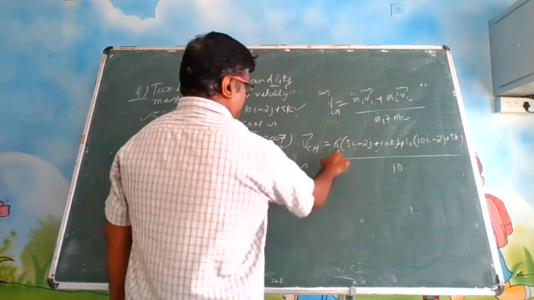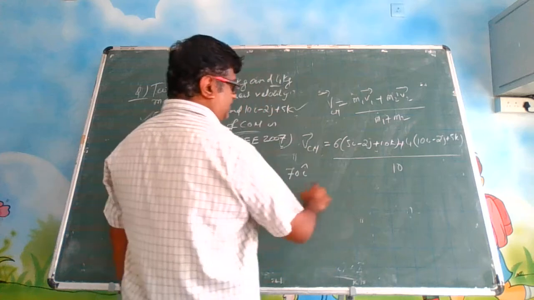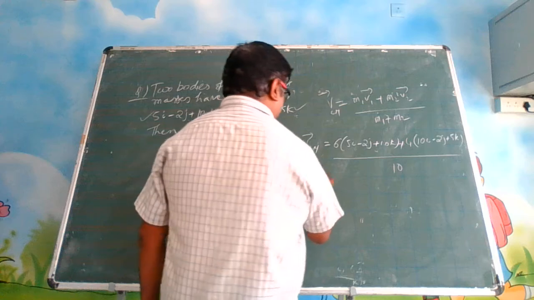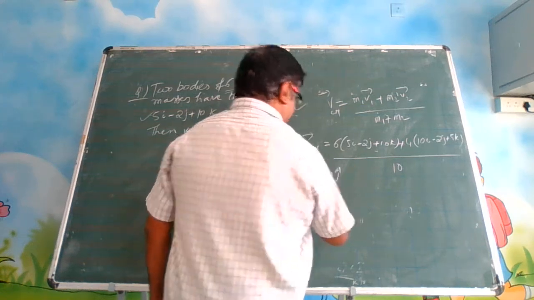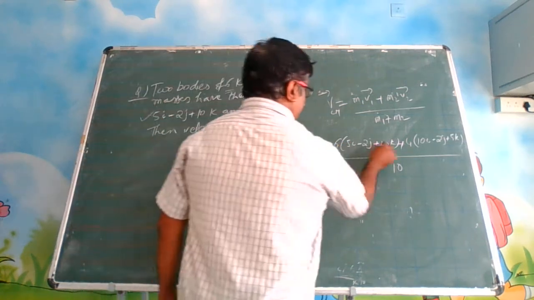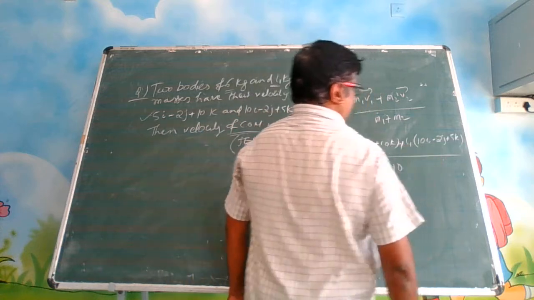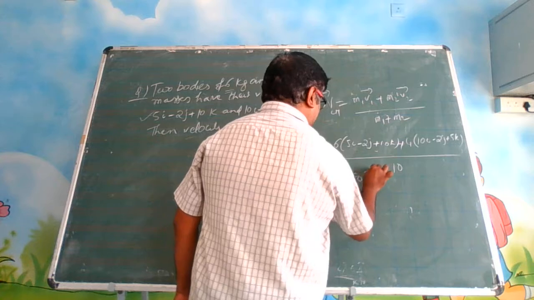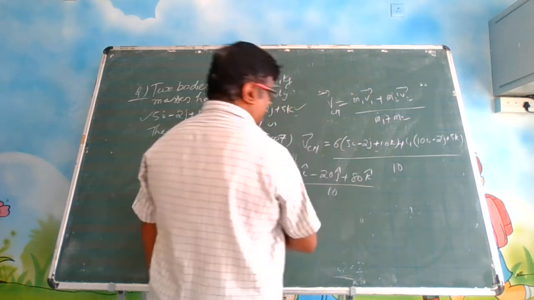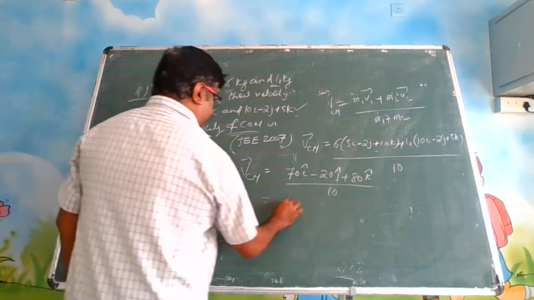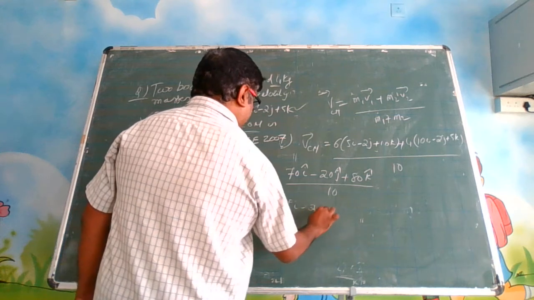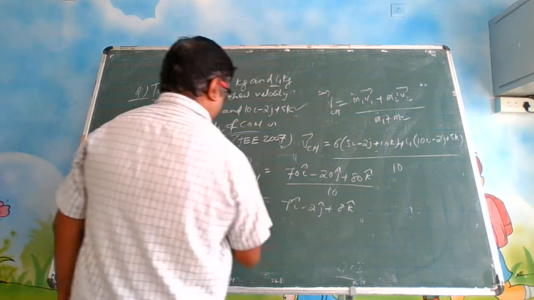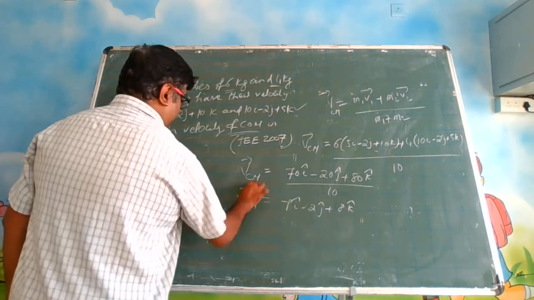I cap. 6 into minus 2, minus 12, 4 into minus 2, minus 8, minus 12, minus 8, minus 20. j cap. 6 into 10, 60, 4 into 5, 20, 60 plus 20, 80. 80 k cap divided by 10. So what is our vector? It is 7i minus 2j plus 8k. This is our vector in the vector format.